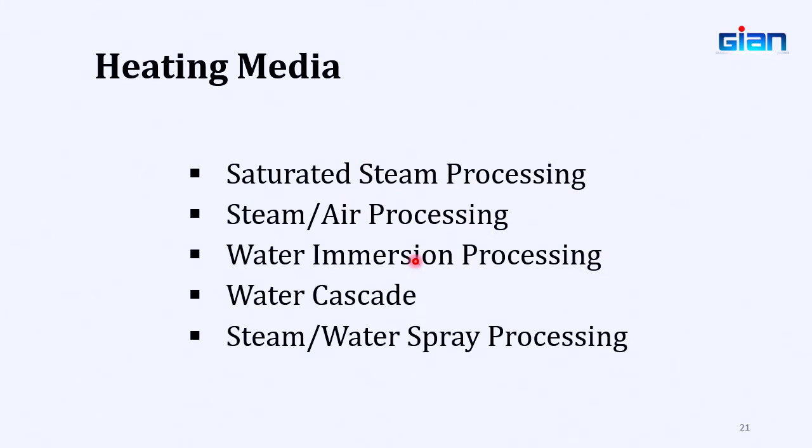In case of water immersion, you have a high temperature, high pressure water. Why do you think we wanted to have high temperature, high pressure water? Why not just saturated steam? What's the problem with saturated steam?